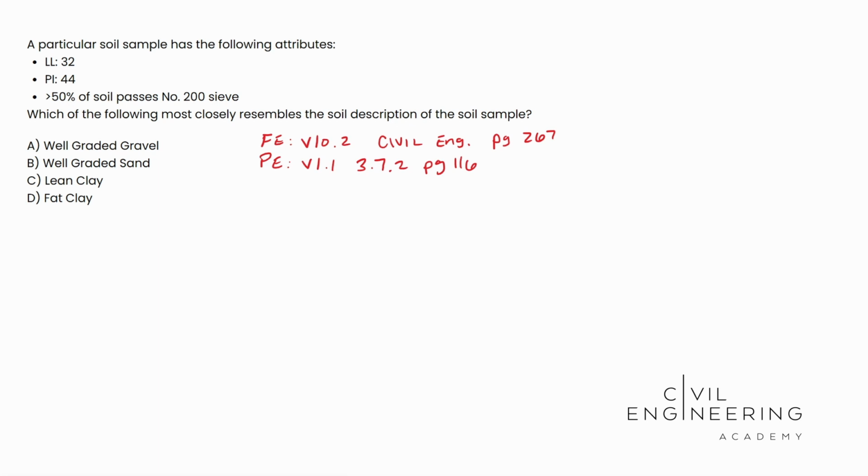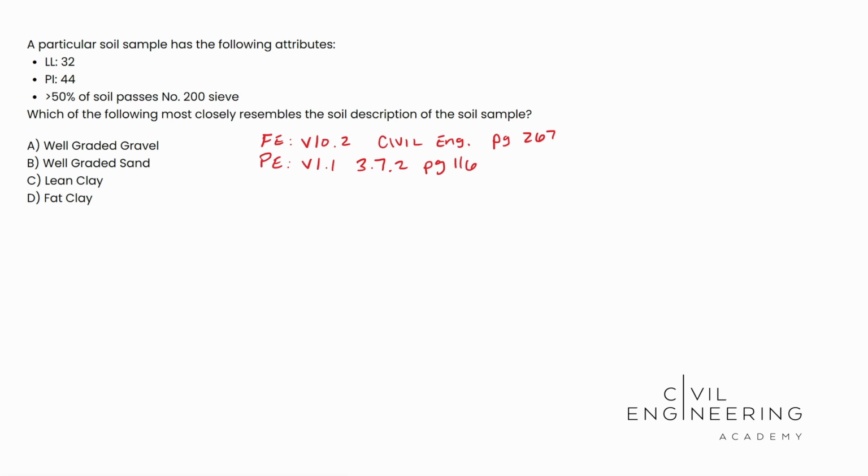And then we're given some weird stuff. The PI needs to be greater than 7 and plot on or above the A line. So that will give us the CL, the lean clay. Or PI needs to be less than 4 or plot below the A line. That's the ML, the low plasticity silt. That's what that L means, by the way. But that's not even an answer in our problem, so you can go ahead and ignore that.